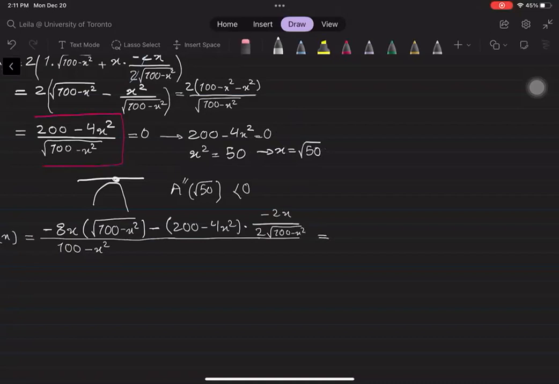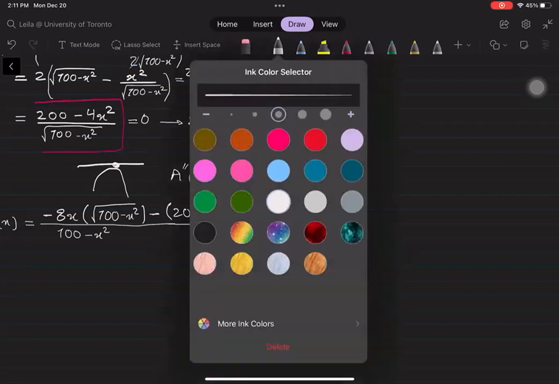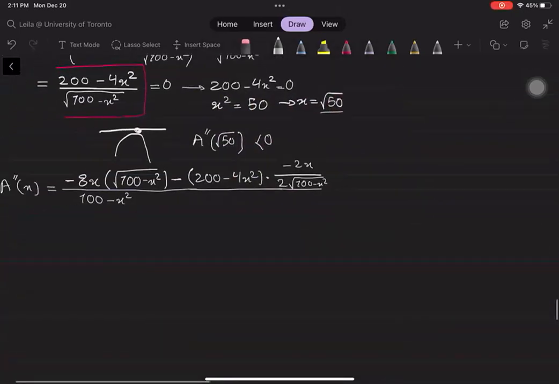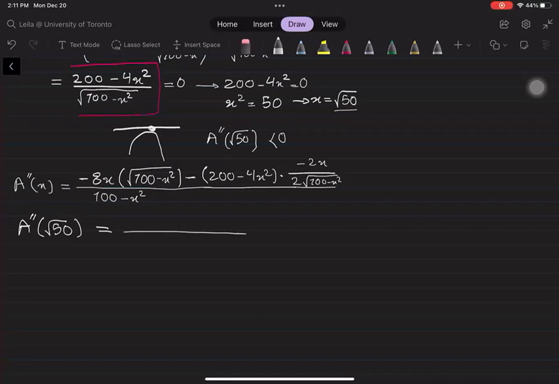And then, so you don't actually have to simplify, you can just substitute your x equals square root of 50. So here you have 100 minus 50, and then it's going to make this part 0, right?